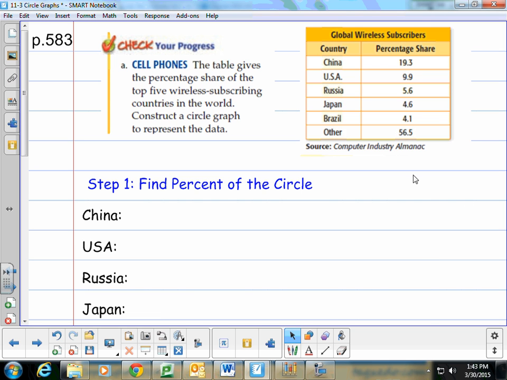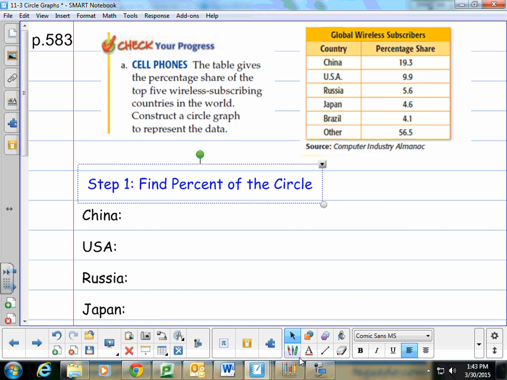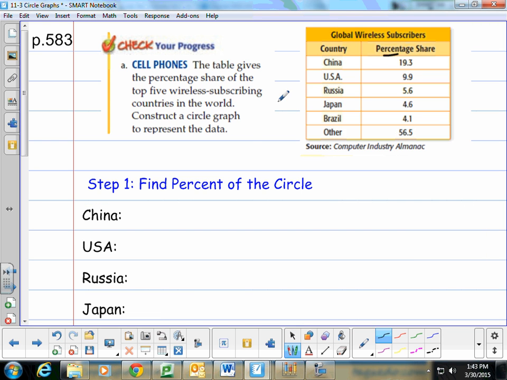So that you can give this part a try, finding the section of a circle. We're not quite finding the percent. We're given the percent, so we're finding the sector of a circle. What we see is that we know China is 19.3% of the global wireless subscribers.